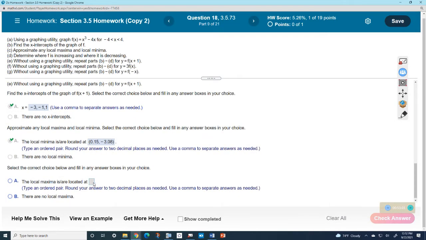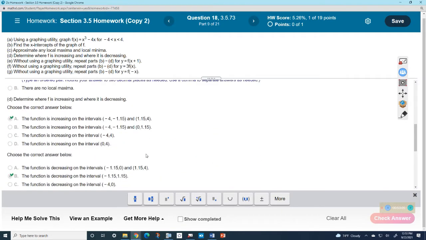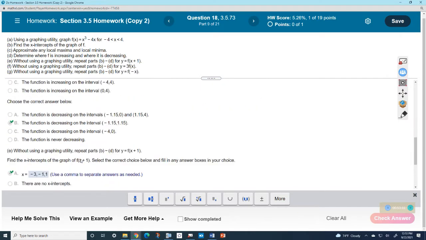And my maximum, which was at negative 1.15, 3.08, if I shift that to the left by 1, that's going to be negative 2.15, 3.08.